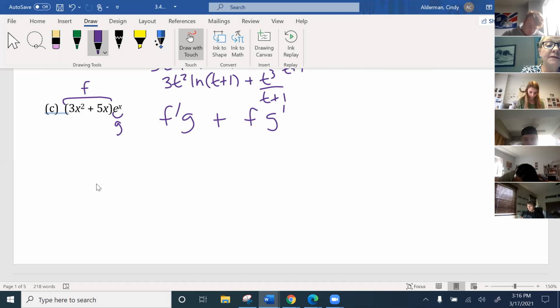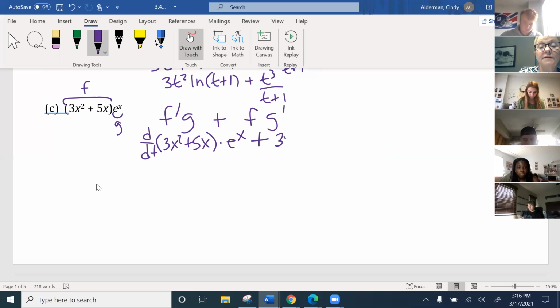We're going to take the derivative of F, which is 3x squared plus 5x, and multiply it by the G function, which is e to the x. And then we're going to add the F function without doing anything to it, 3x squared plus 5x, and then we're going to take the derivative of G, which is e to the x.